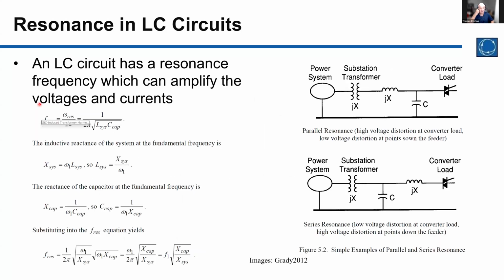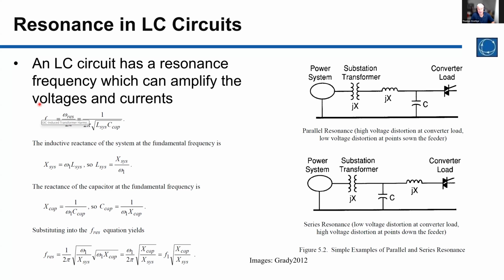Okay, resonance is something that comes into play here. If you're an electrical engineer, you probably remember an undergrad experiment where you looked at an LC circuit, and as you change the frequency, suddenly you got a spike in the voltages in the system, and that's due to resonance. Resonance will amplify the voltages and currents at a particular frequency.